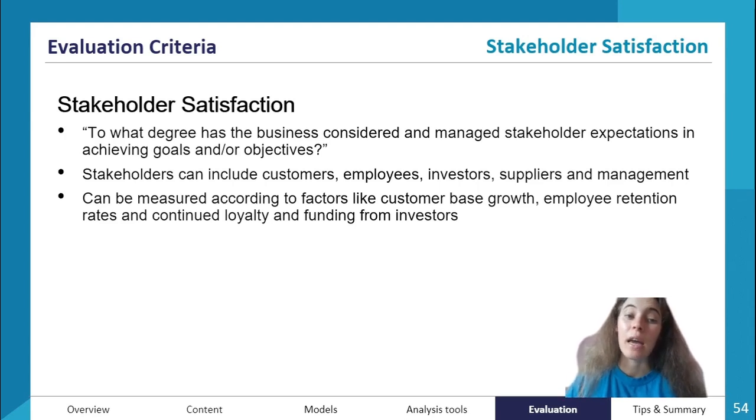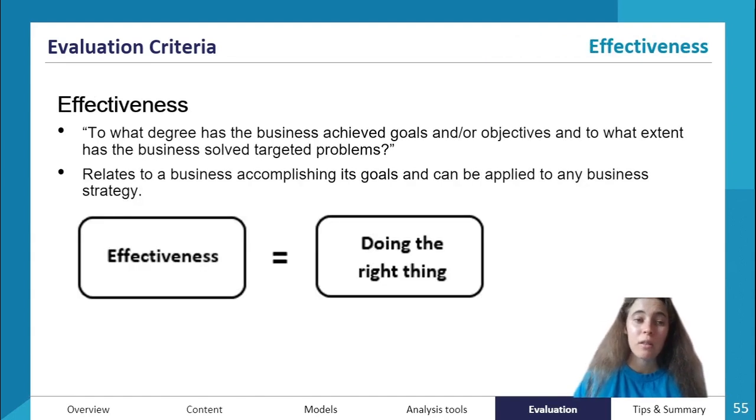Now, stakeholders can include a wide range of people. It's a really broad term. So you could be looking at customers, employees, investors, suppliers, or management. And again, lots of different factors can be looked at to think about satisfaction: growth, employee retention, loyalty, and funding from investors, for example.